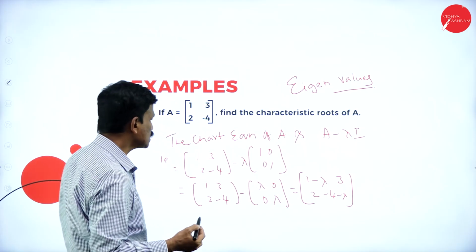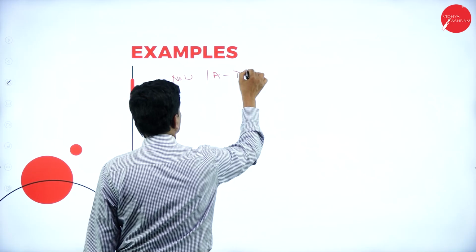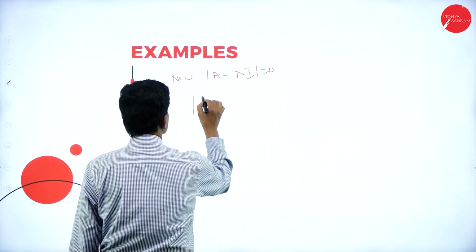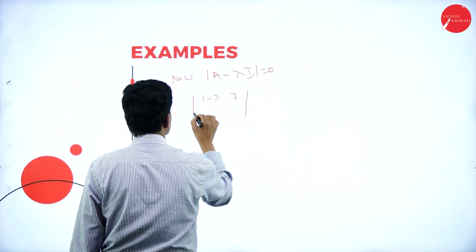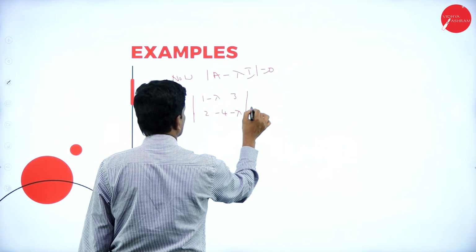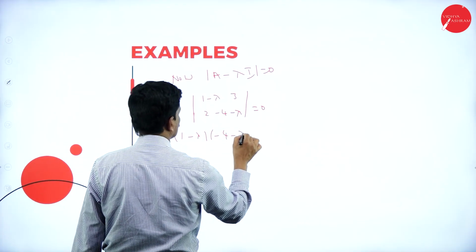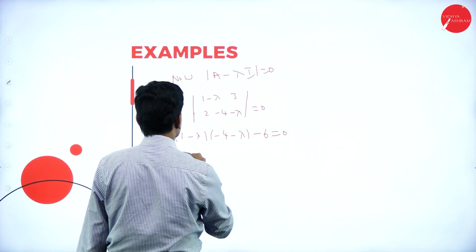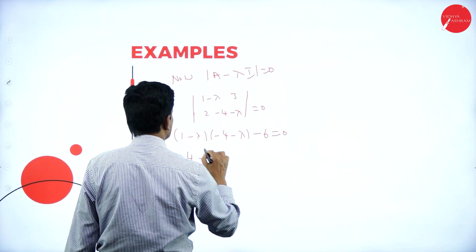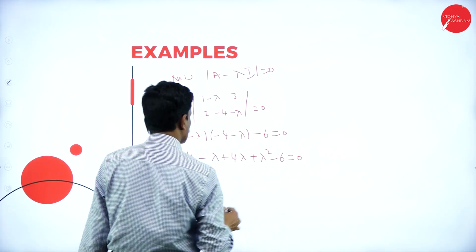Now the characteristic equation is determinant of A minus lambda I is equal to 0. That is the determinant of [1 minus lambda, 3; 2, minus 4 minus lambda] is equal to 0. Simplify this: 1 minus lambda into minus 4 minus lambda, minus 6, is equal to 0. 1 into 4 is 4, 1 into lambda is lambda, minus into minus plus 4 lambda, minus into minus plus lambda square, minus 6 is equal to 0.